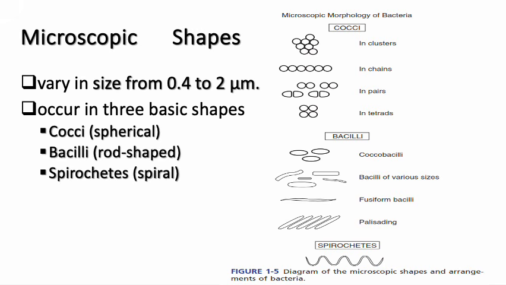Some cocci also grow in pairs, also called diplococci, and some form groups of four, or tetrads. Your bacilli can be called cocobacilli if the size is smaller compared to a normal bacilli. You can also call bacilli fusiform or palisading, depending on the specific arrangement.